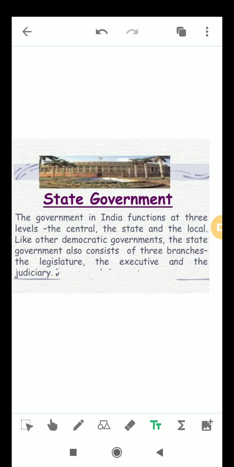Both the central and state government have their 3 organs, executive, legislative and judiciary, and each of these organs performs certain functions as specified in the Constitution of India. In this video we shall discuss the state executive and legislature.